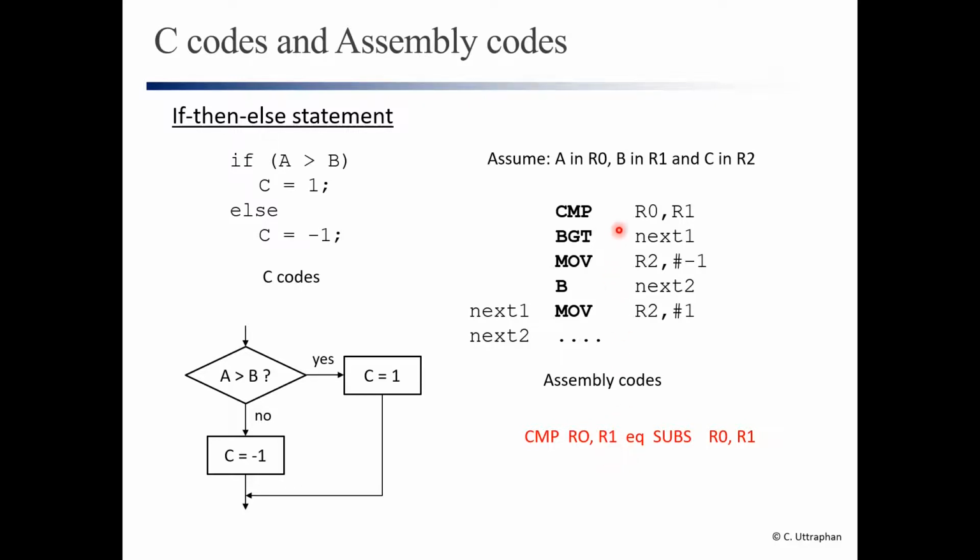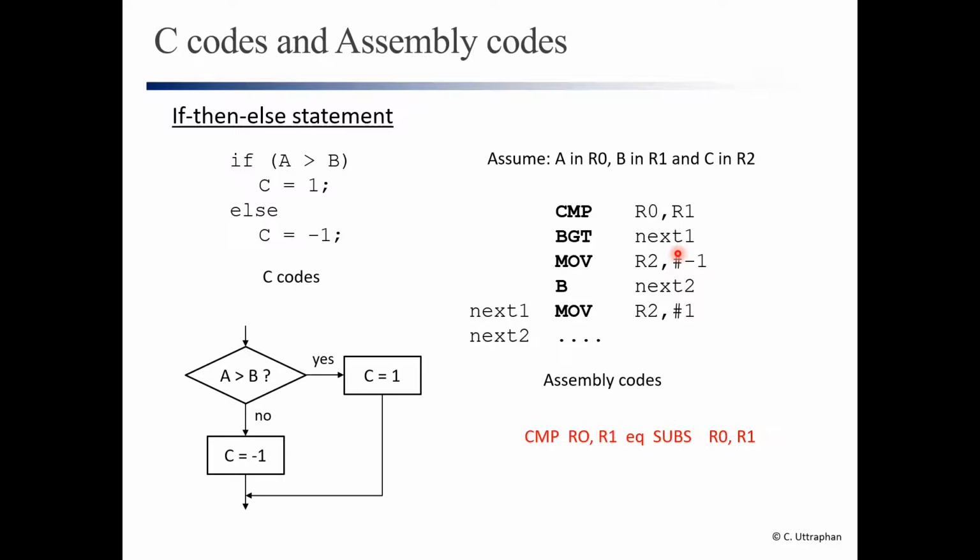So, for this example, when we compare R0 to R1, this means R0 minus R1. The next instruction is BGT, meaning that the program will branch if R0 is greater than R1, or in other words, the result from R0 minus R1 is positive.